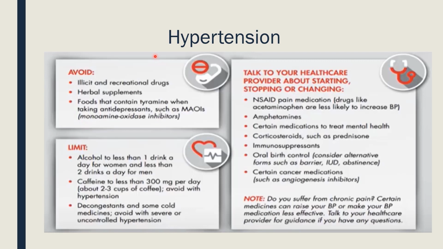And if your patient is hypertensive, you've learned this in nursing pharmacology, to avoid using any recreational drugs. And for alcohol intake, for women, they're only allowed 1 drink a day, and for men, less than 2 drinks a day. And for caffeine, about 2 to 3 cups only, because that can increase blood pressure. And if they're taking some of these medications, it can increase blood pressure.